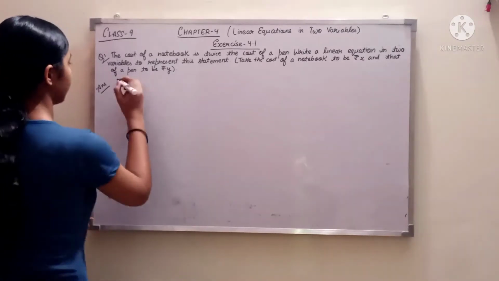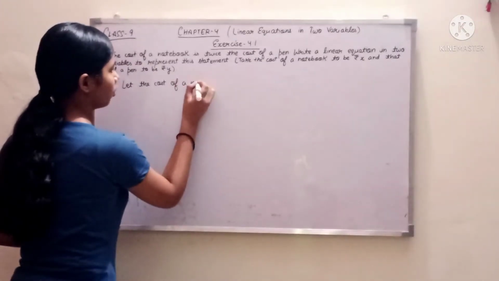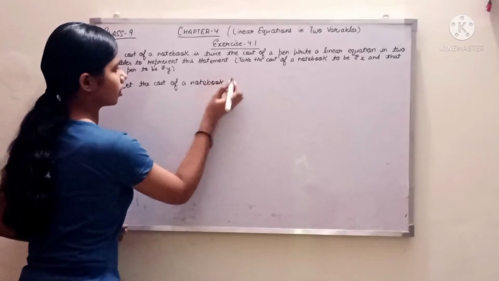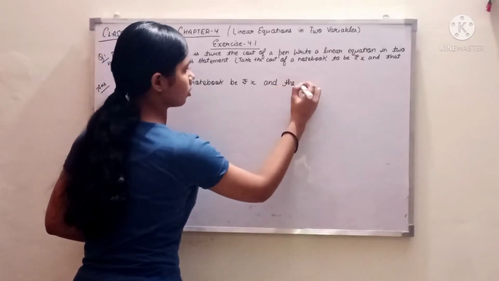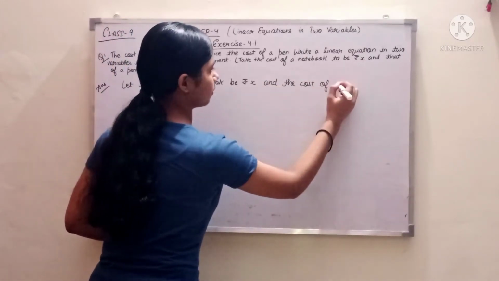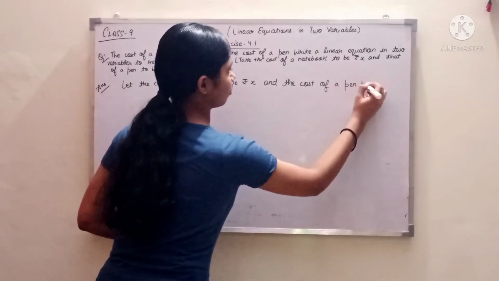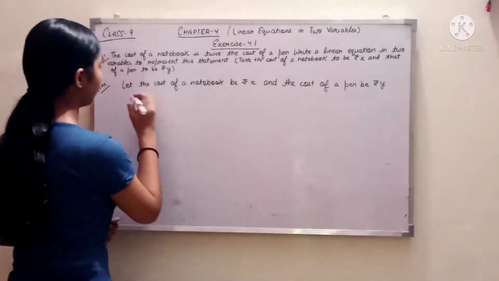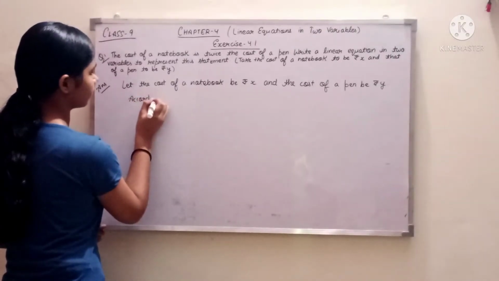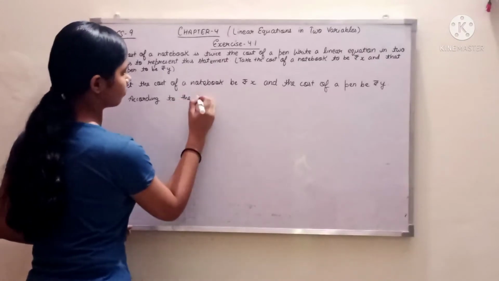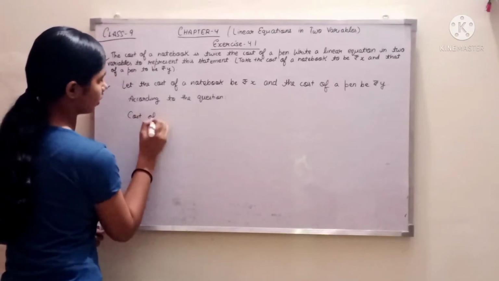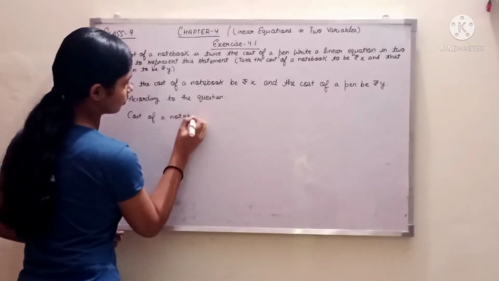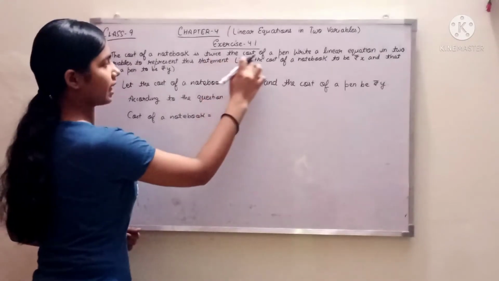So the answer is, let the cost of a notebook be rupees X, and the cost of a pen be rupees Y. According to the question, the cost of a notebook is equal to twice the cost of a pen.